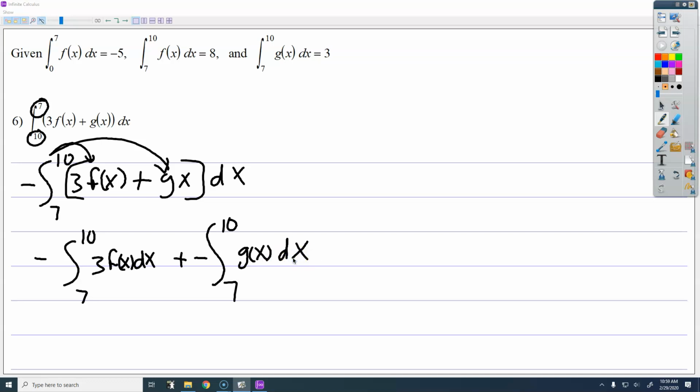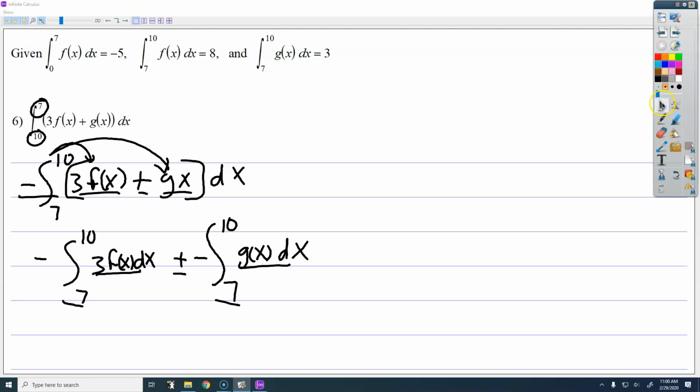Notice that when I did that, I carried the negative with it as well. So we have this integral, right, plus this integral, right? But the negative integral kind of got distributed to both. So we have that expression there.